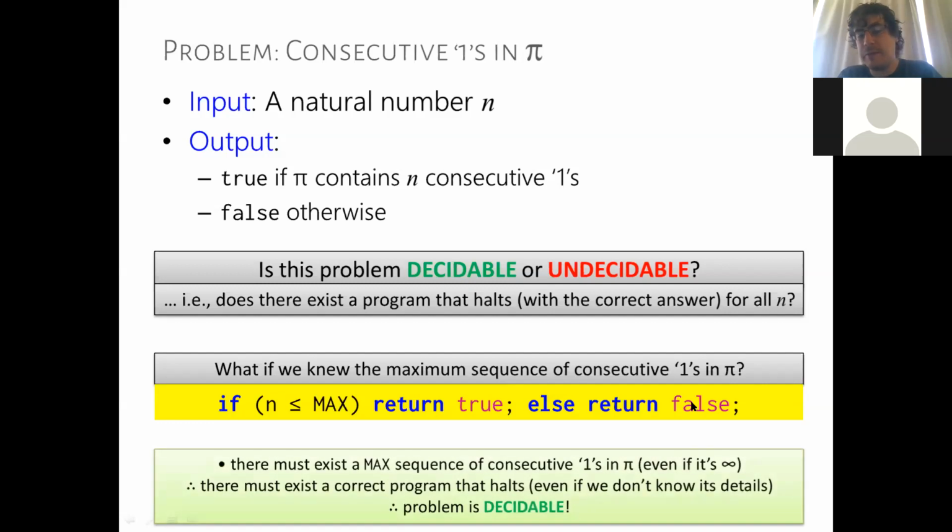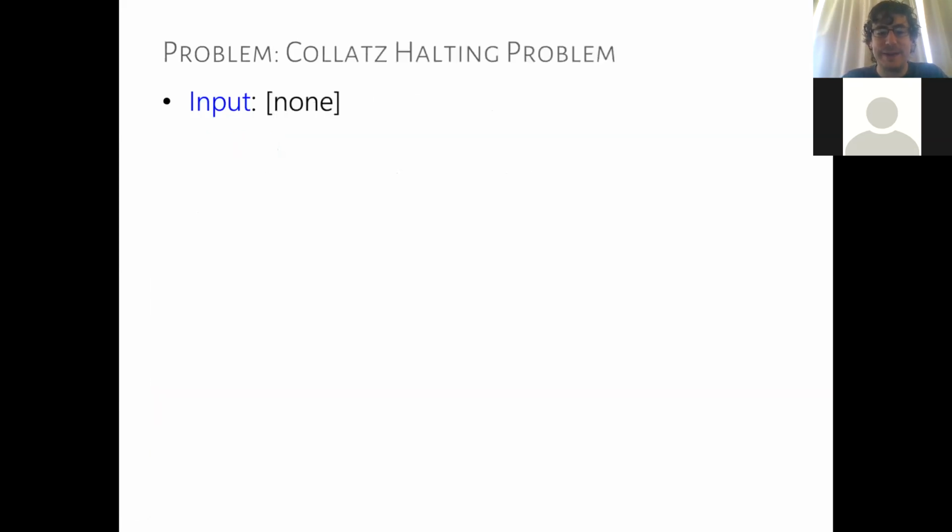So therefore, we must conclude that the problem is decidable, right? So what we don't know is what this program is because we don't know this value, but we know that there exists a program. Okay, so we conclude that this problem is decidable. Okay, so hopefully that makes sense. This is kind of to warm up to the idea of decidability and undecidability.